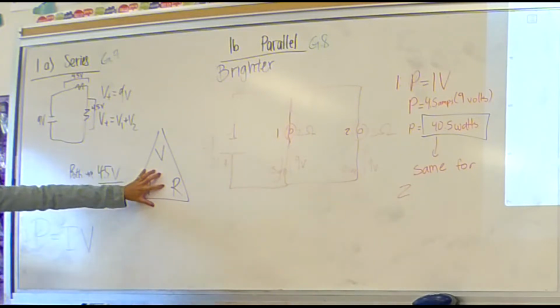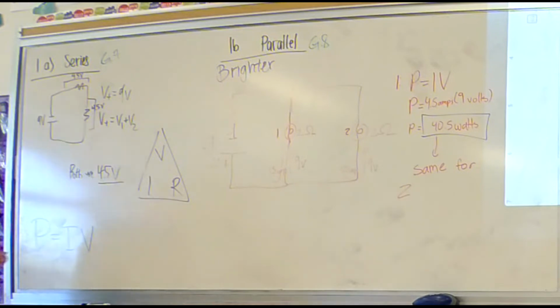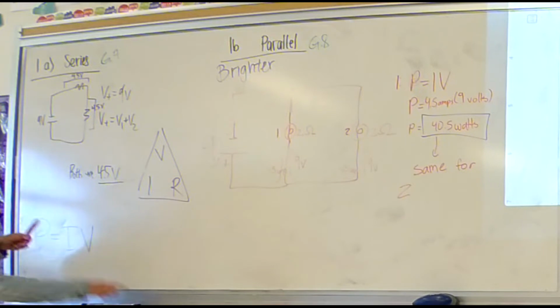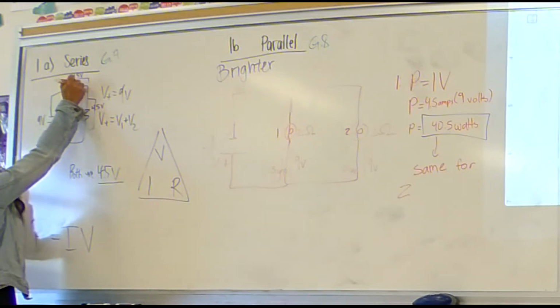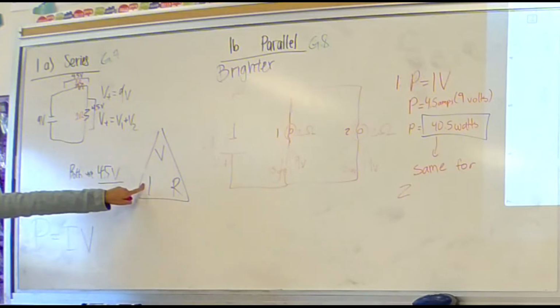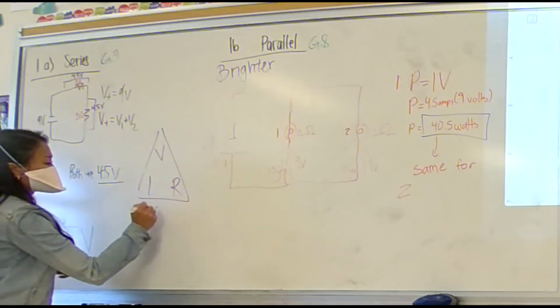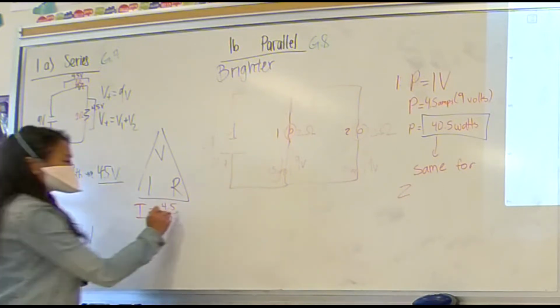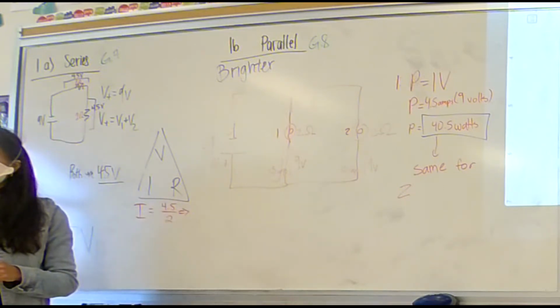We already established that the voltage is 4.5, and what's given to us is that the resistance is 2 ohms. That's given in your problem. So in order to find the current, it's going to be 4.5 divided by 2, which, what's that current? Can anyone give me the calculation?